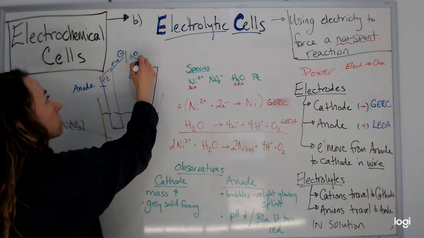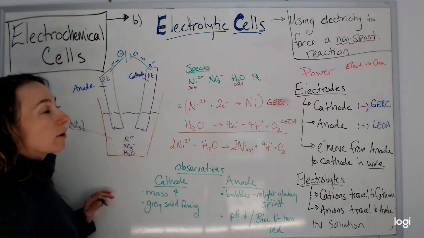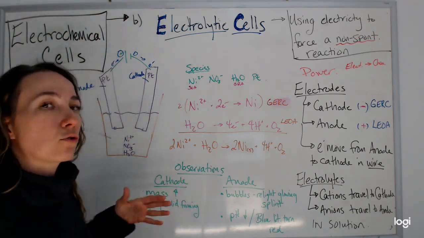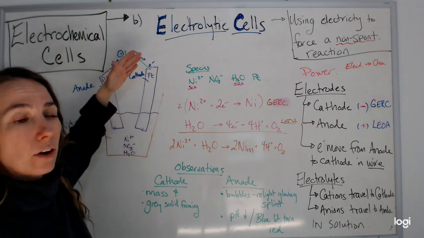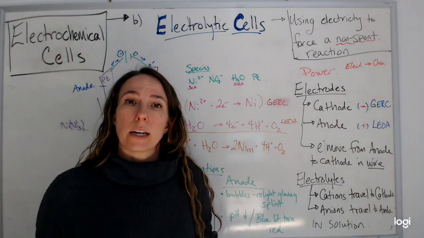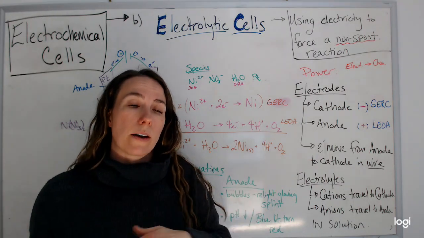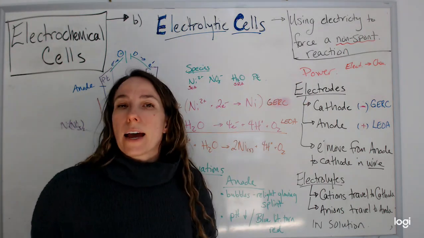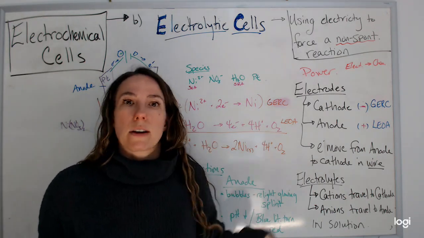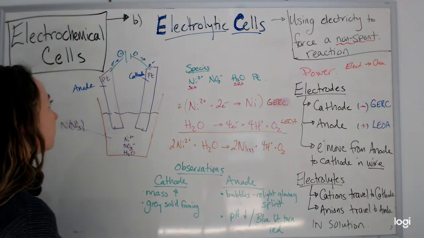So the electrons are going to be going this way from the anode to the cathode. Now, I arbitrarily chose to draw my battery with the negative on the right and the positive on the left. You could draw your battery the other direction, and you just would have the electrons flowing the other way, and you would be 100% correct. It would just be that everything is the exact opposite in your diagram.